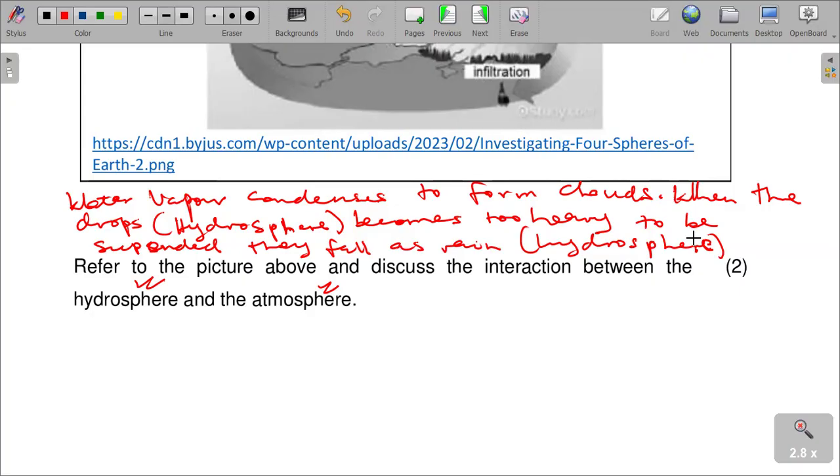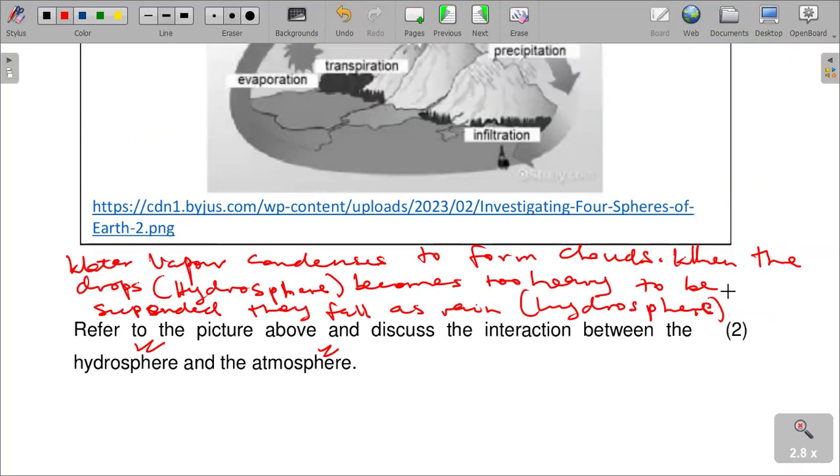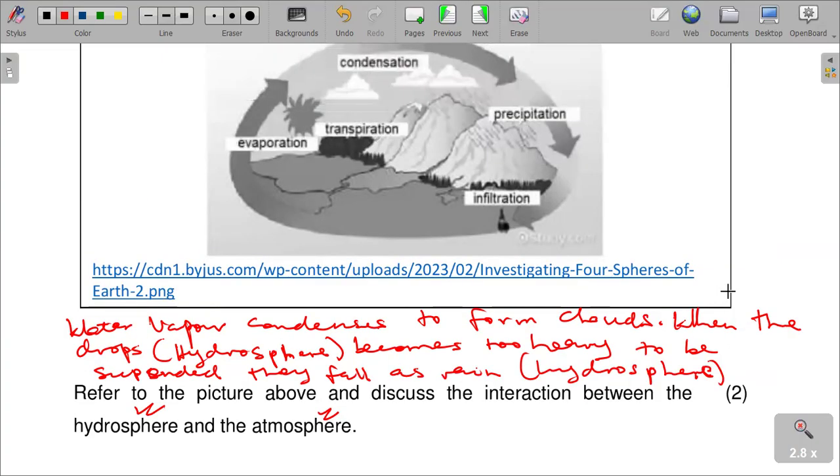So basically you need to understand the interaction between the hydrosphere and the atmosphere in terms of condensation, precipitation, infiltration, and transpiration.